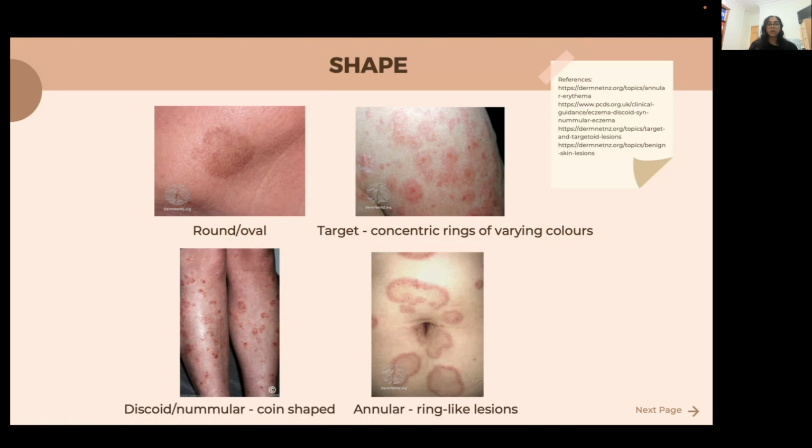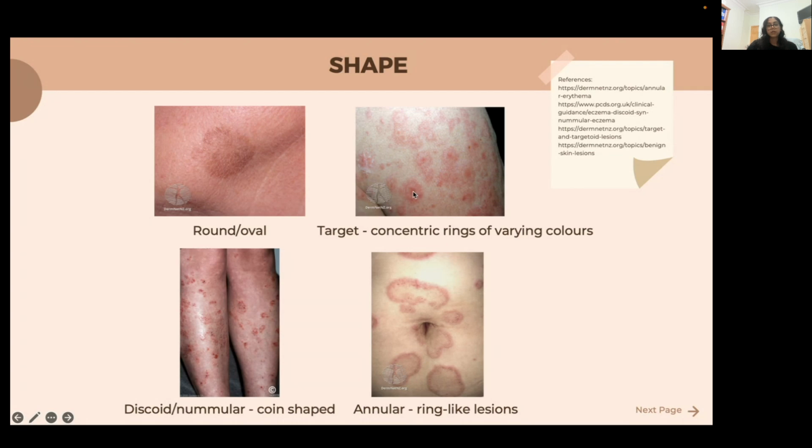Okay, so we've spoken about configuration, spoken about color. So then we've got shape. So quite basically, if it looks round or oval in shape, we could say it's round or oval. Target lesions. So this is where we have concentric rings of varying colors.